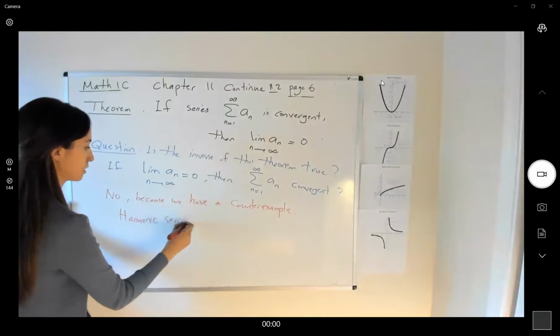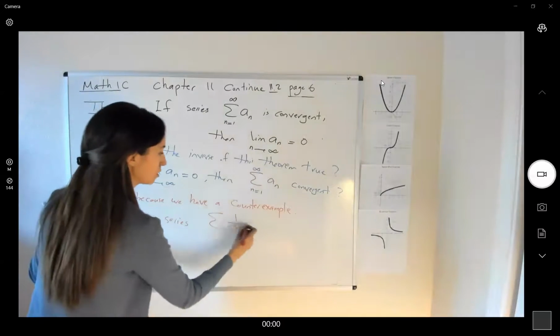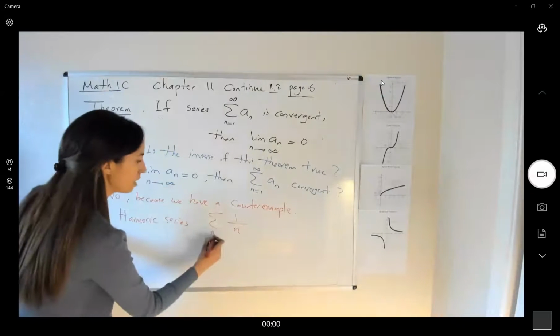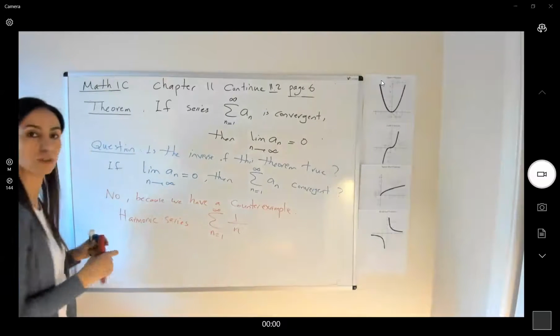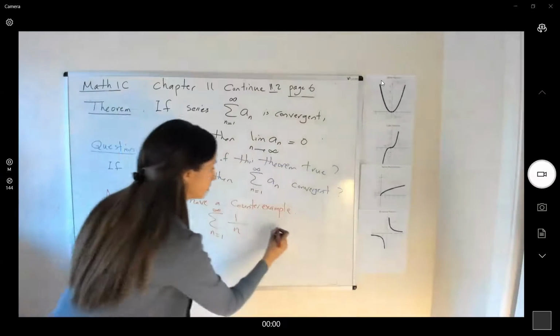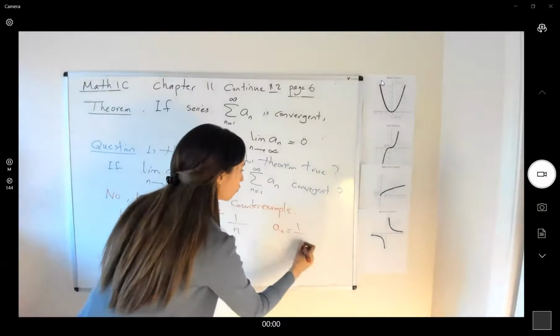What is that example? The harmonic series, the series 1 over n from 1 to infinity. The general term an is 1 over n.